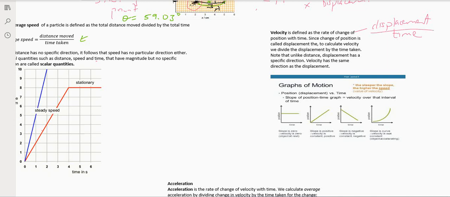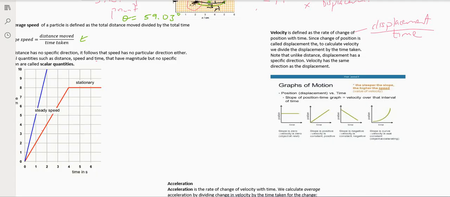Having said that, it says since change of position is called displacement, to calculate the velocity, we divide the displacement by the time taken. Note that unlike distance, displacement has a specific direction. Good.